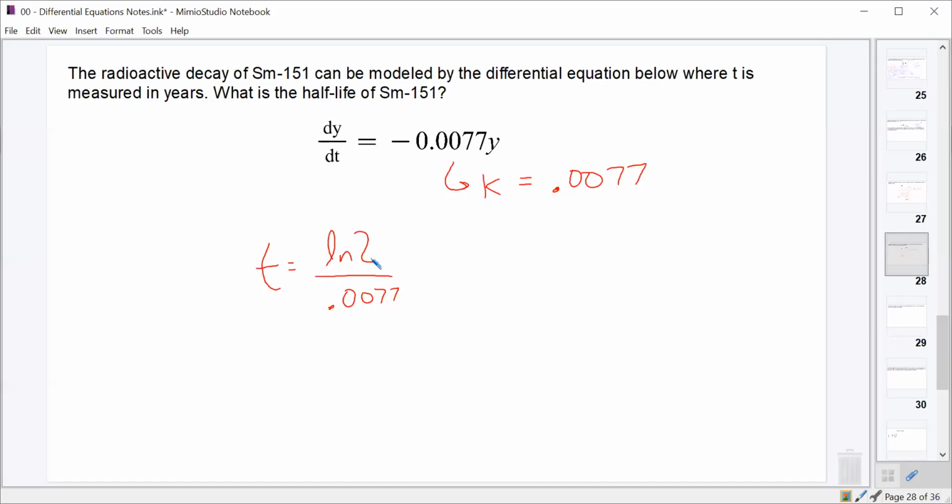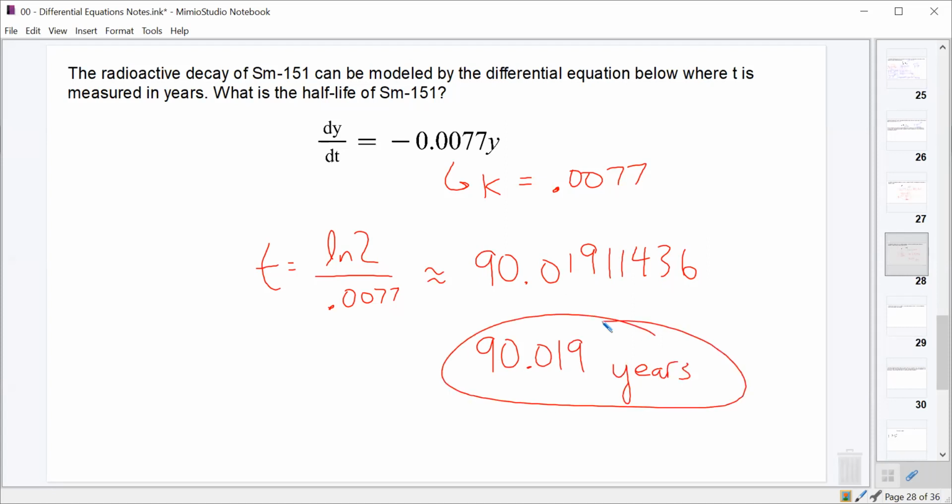And so we'll just say that that's approximately equal to 90.01911436. But it's also perfectly acceptable on both my test and the AP tests to round this to 3 decimals. You should never, though, round to less than 3 decimals unless the problem specifies otherwise.